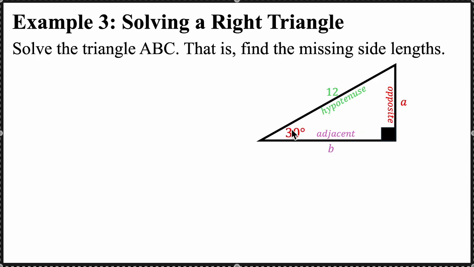We know the angle, we know the hypotenuse. What we don't know is the side opposite and the side adjacent. So in order to find a and b, we have to use one of the trig functions. Notice here, you cannot apply the Pythagorean theorem because we don't know the measure of two sides. We only know the measure of the hypotenuse.